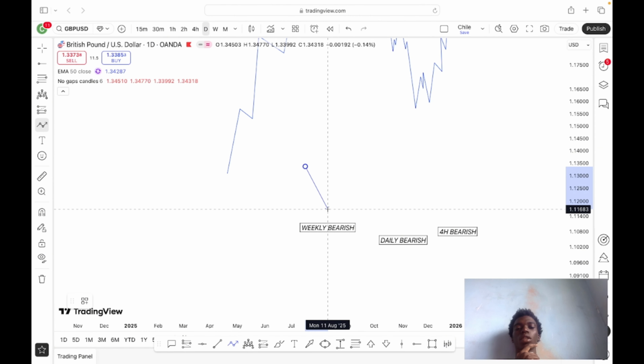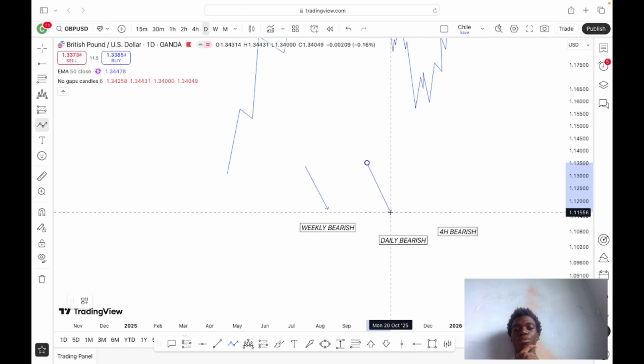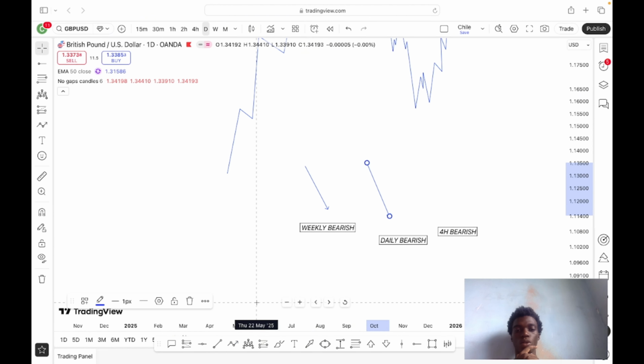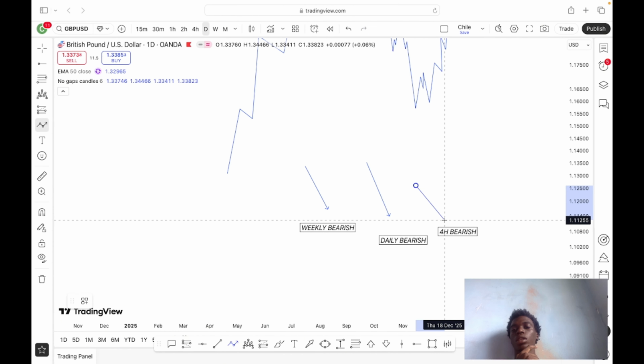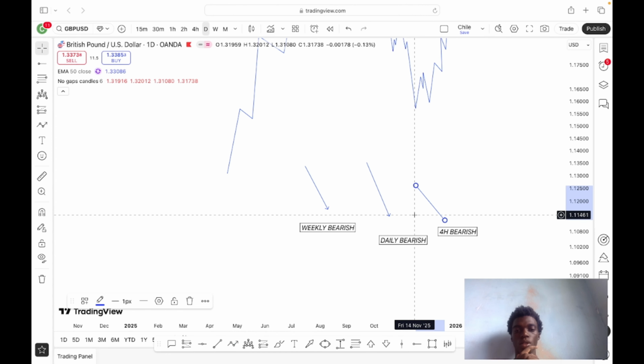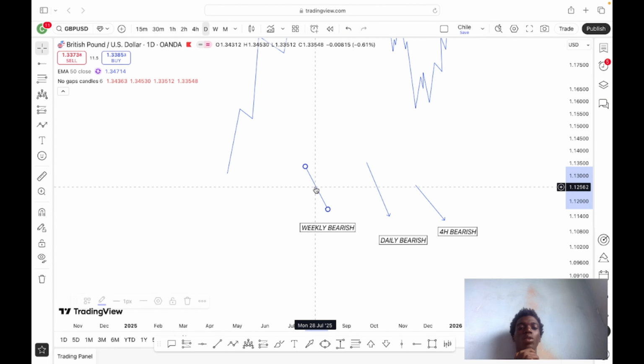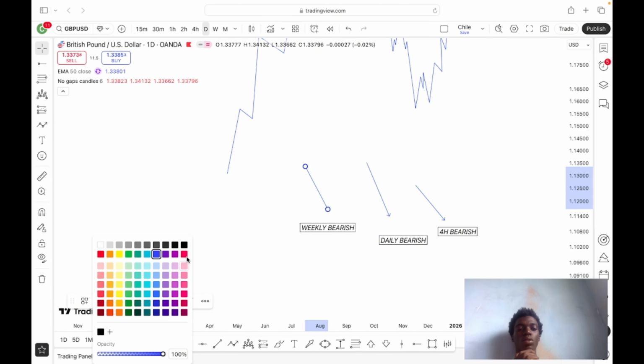So we know that the weekly is going down, and we know that the daily is also going down, and the 4 hour is also going down. So here we'll be looking for sales opportunities.